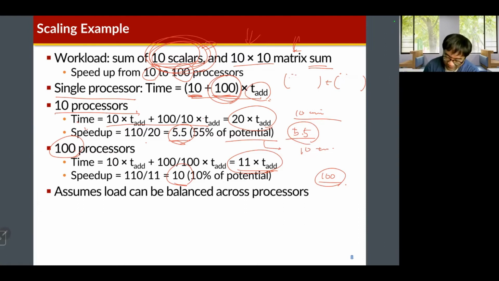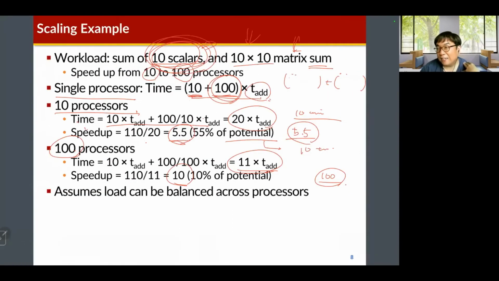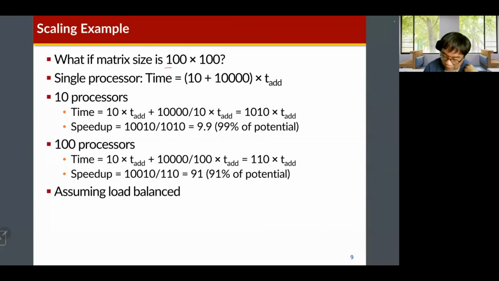But if the problem size is fixed, Amdahl's law is very pessimistic, which means that we cannot get this peak performance. But if we can increase the problem size, which means we can increase the parallelizable part, we can apply a 100 by 100 matrix, right?